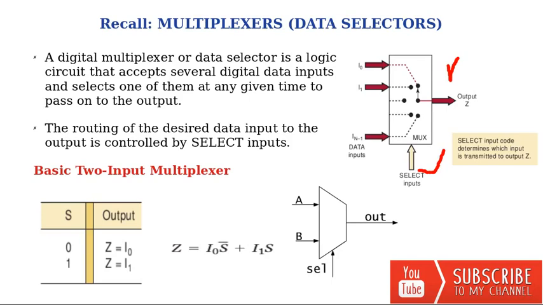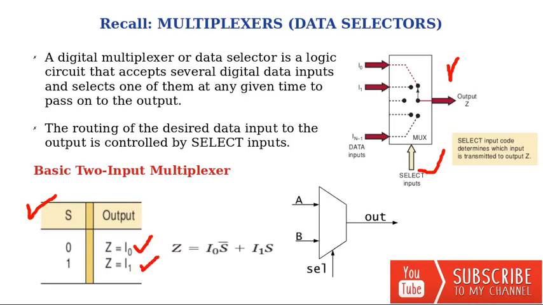So now we will discuss the basic 2 input multiplexer. The truth table is shown here. When the select input S is 0, then I0, the first channel, will be routed to the output. When the select input is 1, then the I1 input is routed to the output.